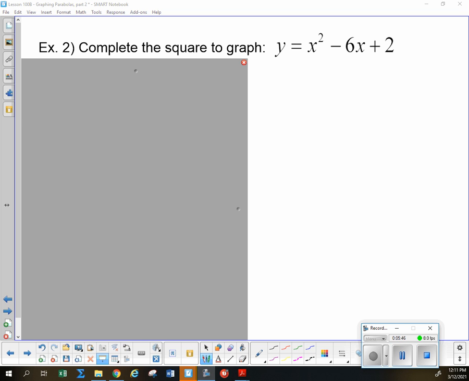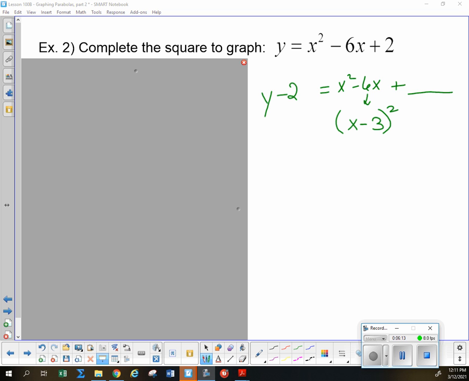We're still going to keep the x's on one side, x squared minus 6x, and we're going to figure out what we need there to complete that square, and we're going to have everything on the other side. It's now not going to be just a number, we're still going to have the y and then a minus 2. So as we did before, we take half of the minus 6, so we have minus 3, and we put that in the parentheses.